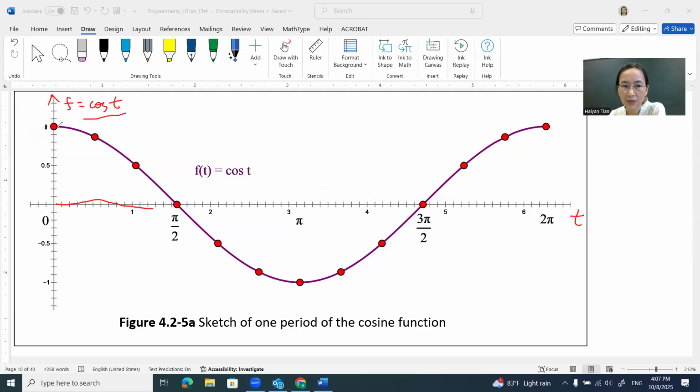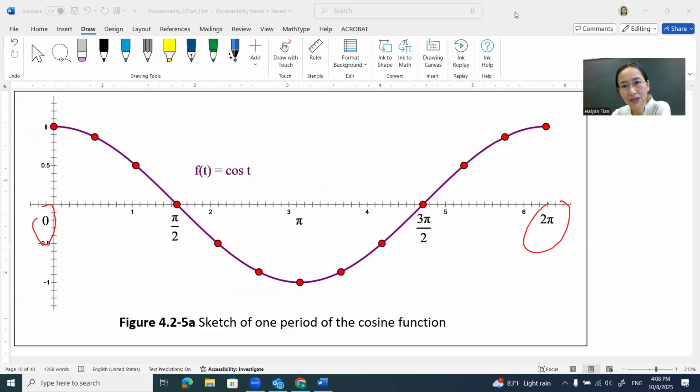So that's why if we connect those points with a curve, we get a pretty good sketch of the cosine curve. And we know the cosine is defined for all real numbers in this interval from 0 to 2 pi.